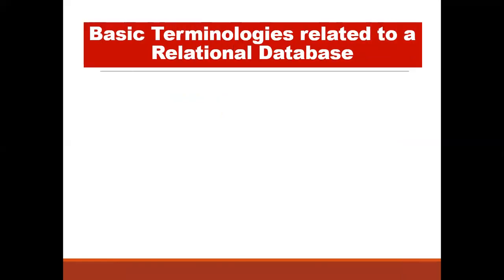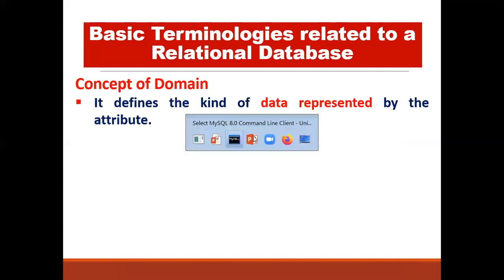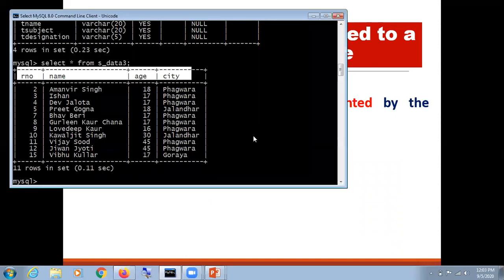My dear respected students, the last thing we are talking about is the concept of domains. Kindly consider one very important thing here. I am going to elaborate this with the help of an example first, and then we will discuss the theoretical portion.